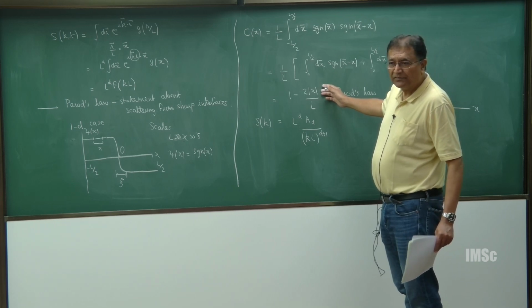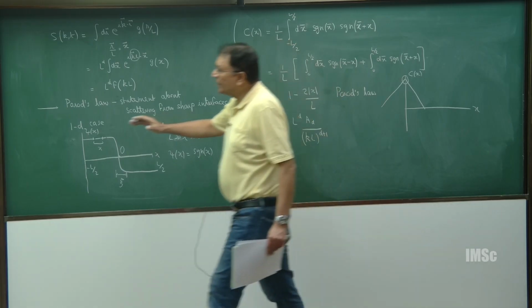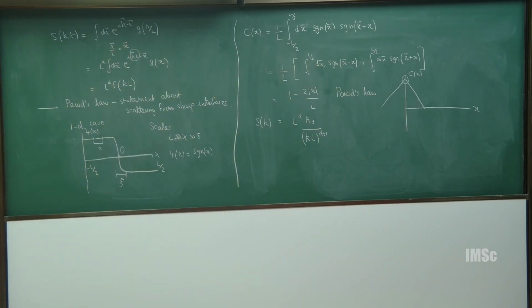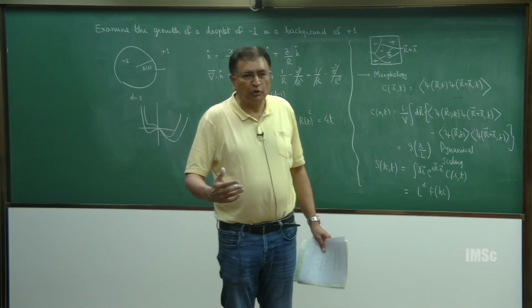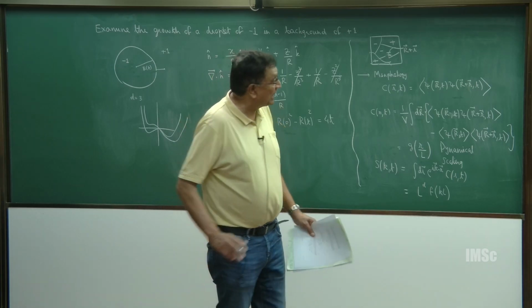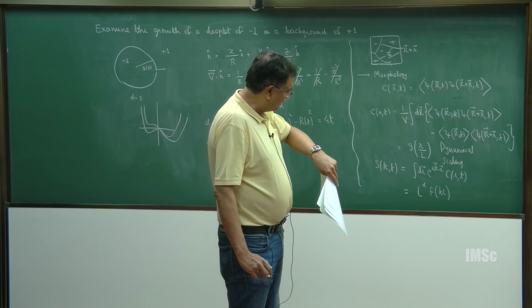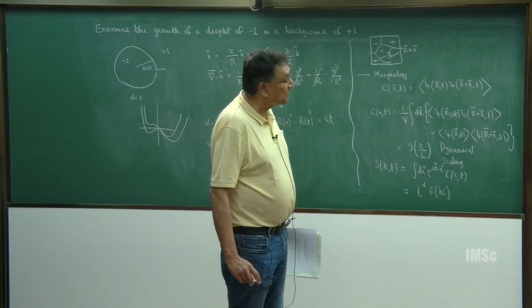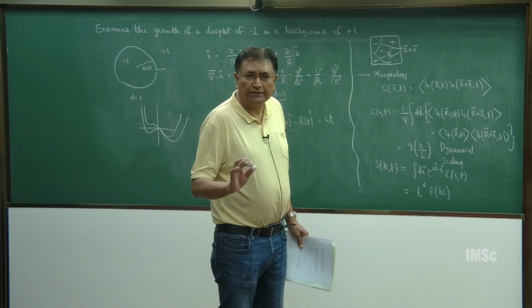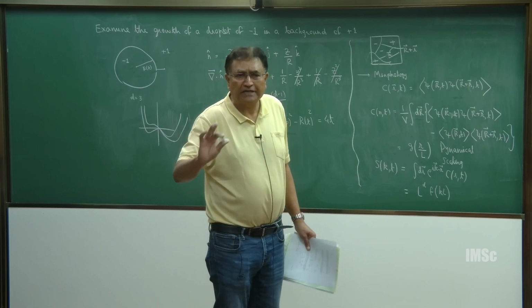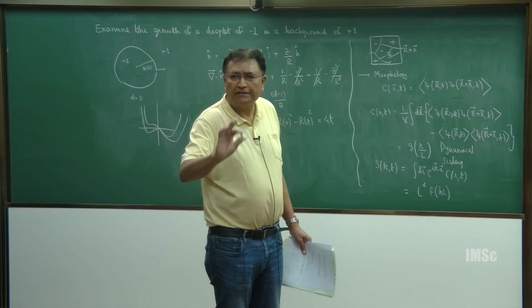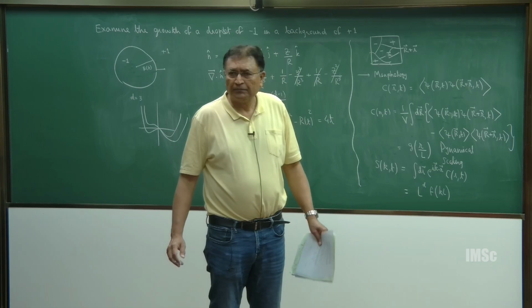That's Porod's law, and if you have sharp interfaces, you get a Porod law in the scattering function, which is what I want to show you next. Are there any doubts about the calculation? It's worked out very well in that chapter I am going to send you.